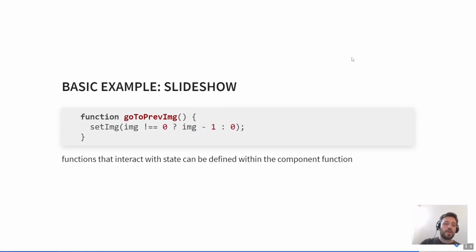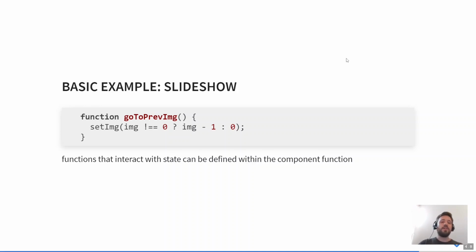I can provide separate event handlers for that. For example, here I have a function called goToPreviousImage, which would do nothing if I'm already at 0, and otherwise it would go back by 1 step.